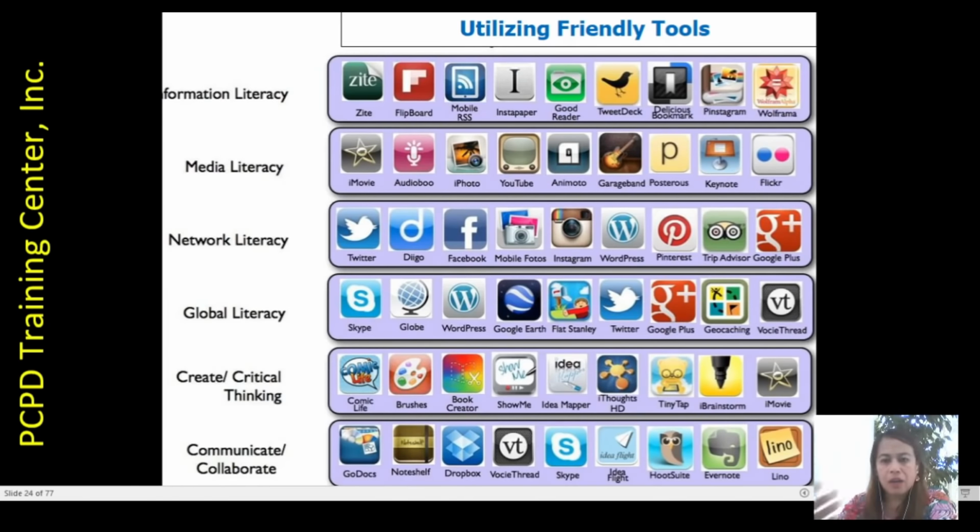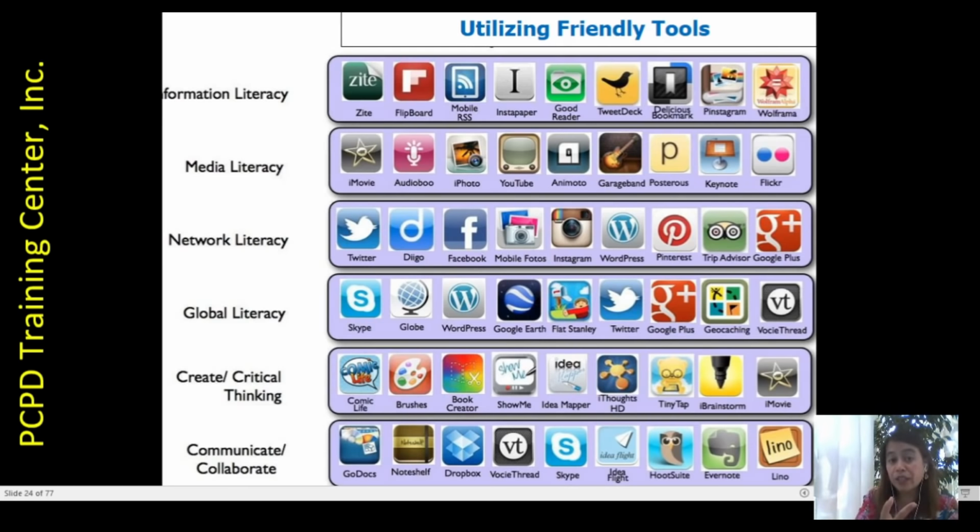So I have presented you some tools in our digital and media platforms talk. So when it comes to utilizing friendly tools, if you have some colleagues who are still in the process of being digital immigrants, when you say immigrant, they are still learning.